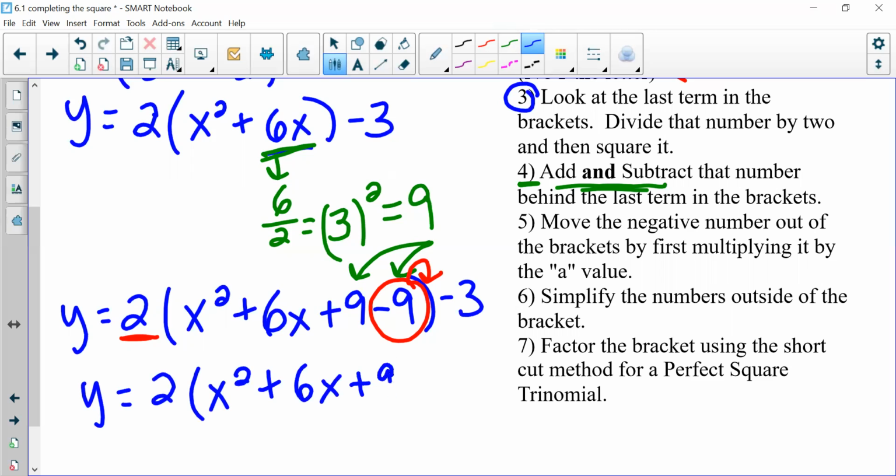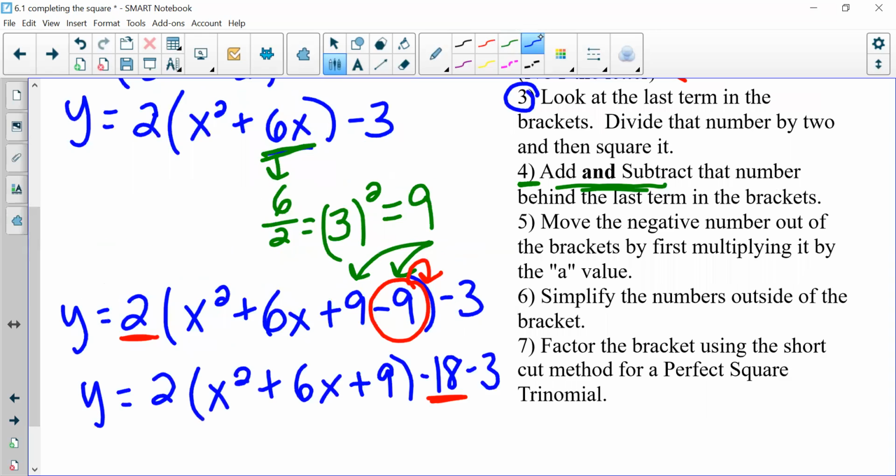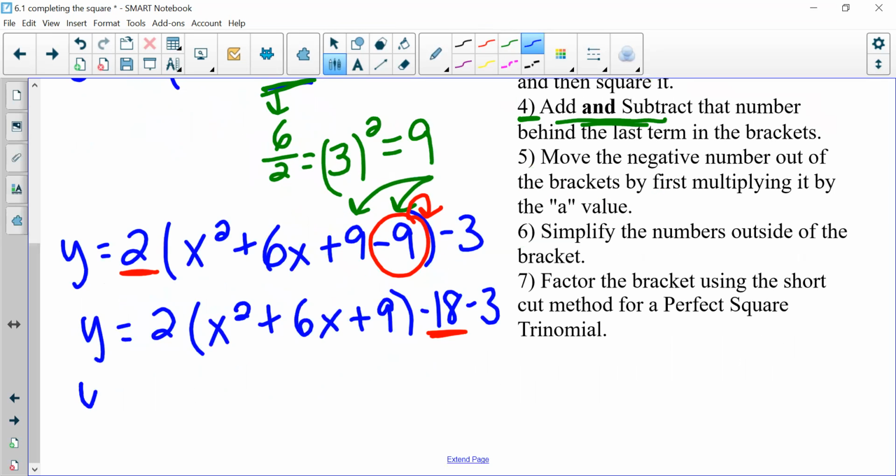So here I'm going to end up with negative 18 outside of the bracket because 9 times 2 is 18. So that negative 18 became as a result of taking this negative 9 and moving outside the bracket, but I multiplied it by my a value of 2. Step number 6 says simplify the numbers outside of the bracket. So negative 18 minus 3 is negative 21.